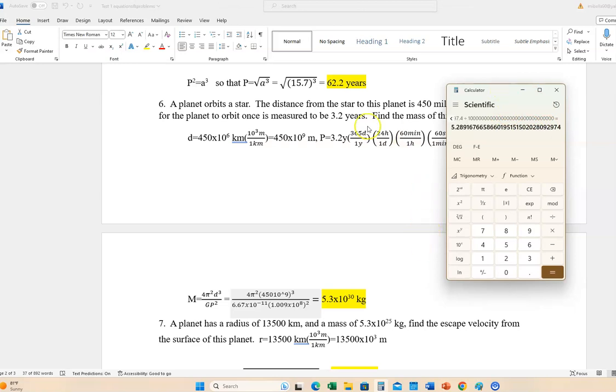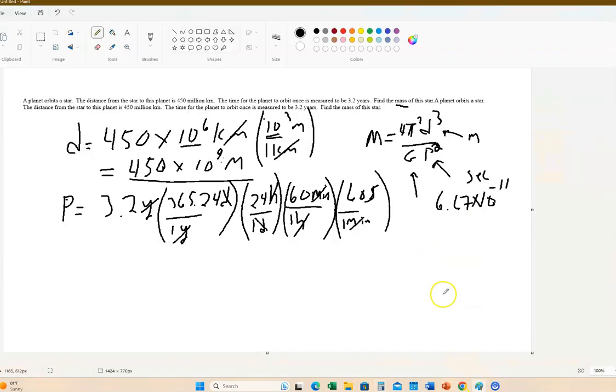So this is the answer. Once we plugged everything into the modified version of Kepler's third law, this becomes 5.3.